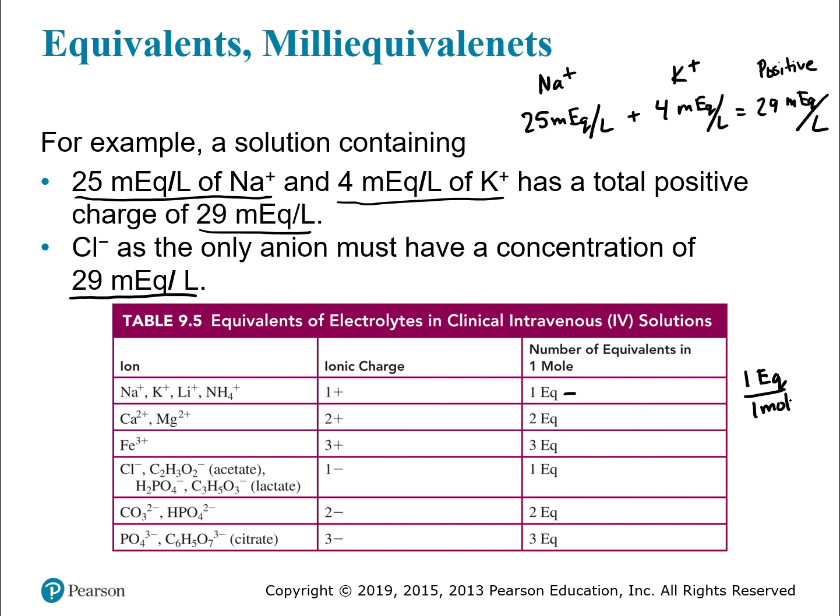I know, it is. We're getting there. If you have something that's got an ionic charge of 2 plus, then that's 2 equivalents per mole, and so on and so forth. And it doesn't matter whether or not the ionic charge is positive or negative, it's still the ionic charge in equivalents per mole.